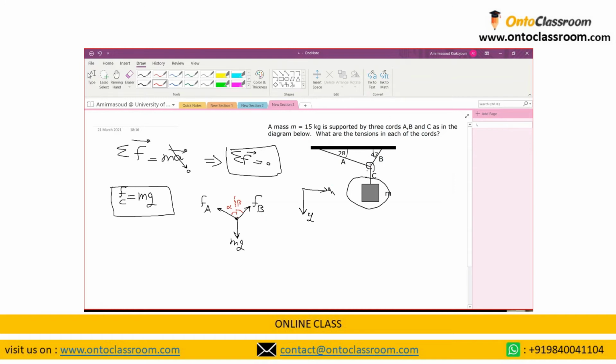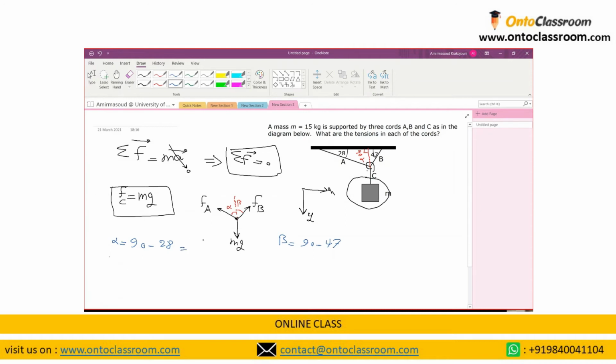For the alpha, if I draw this line here, and this is 90, the alpha is equal to 19 minus 28, and beta is equal to 19 minus 47.